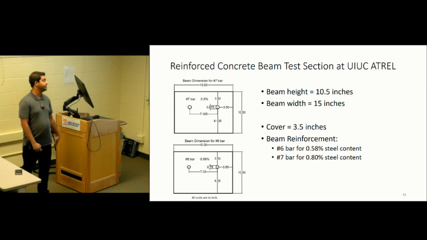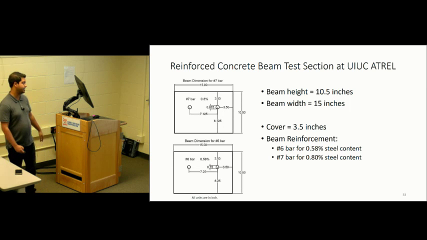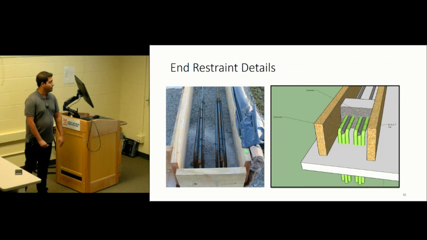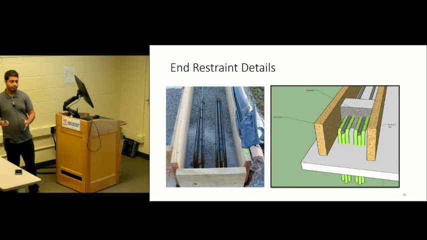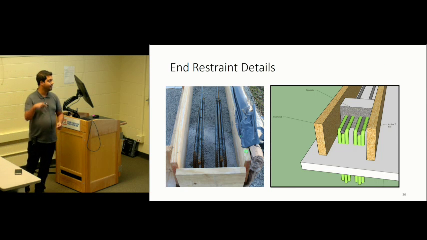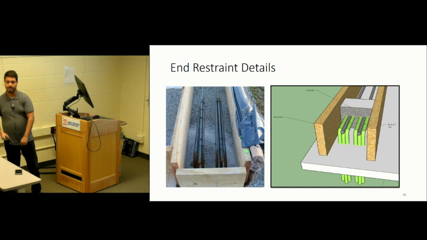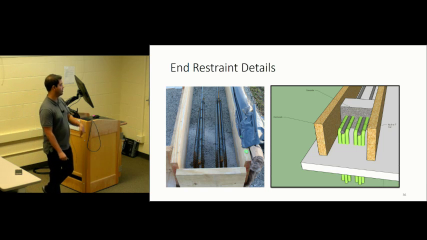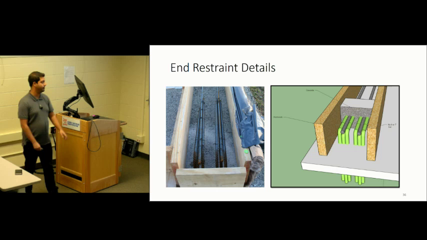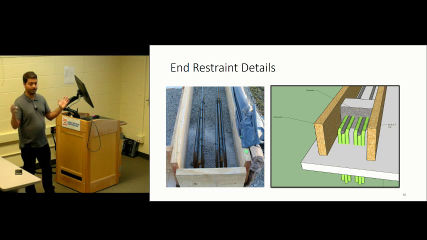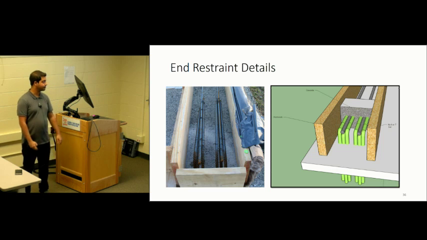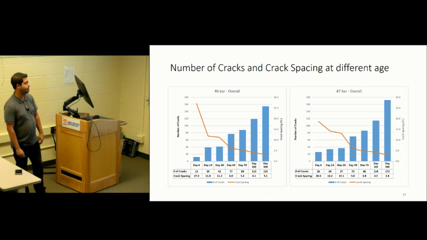And we have number 6 and number 7 bars like in CRCP. So we have restrained the end movement like CRCP has by drilling L-shaped anchor rods down to the base and prevent, or try to prevent, the movement of the CRCP when it shrinks and expands. So it provides the restrainment.